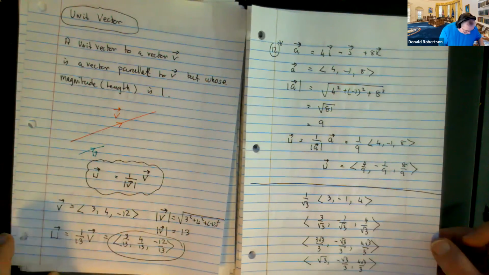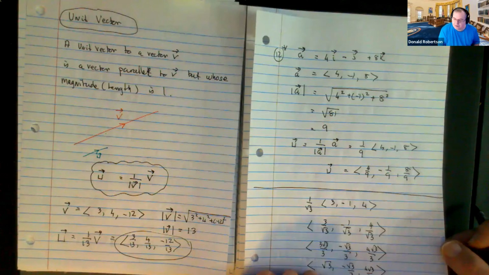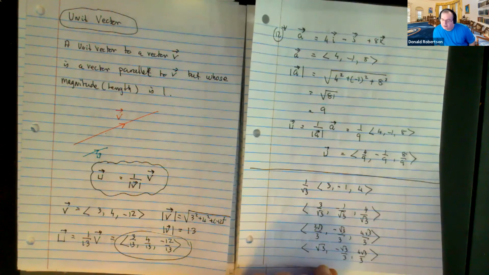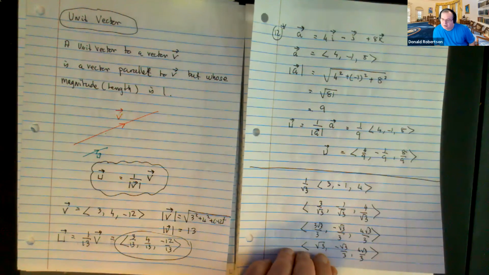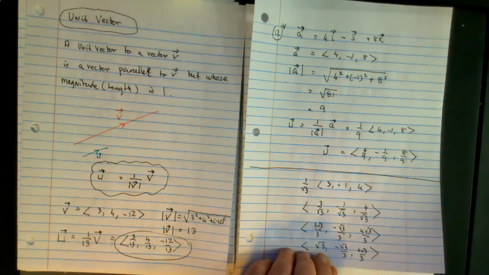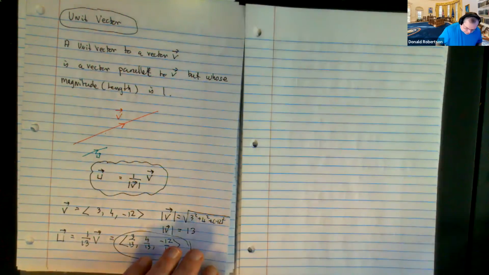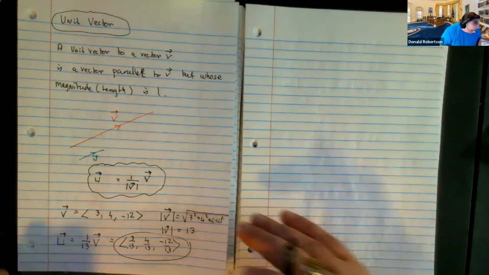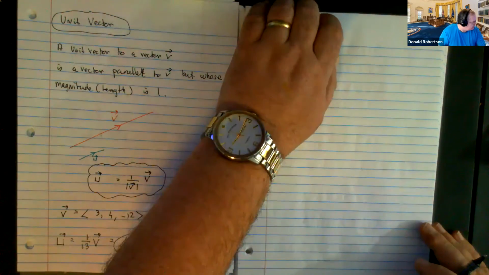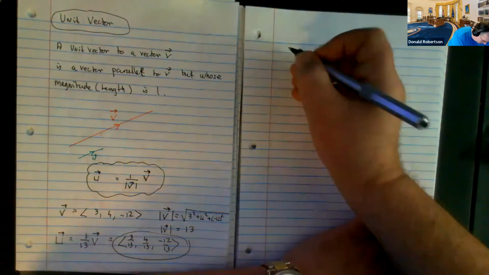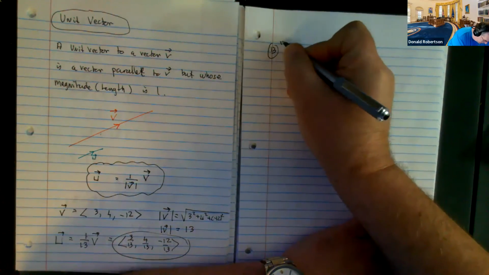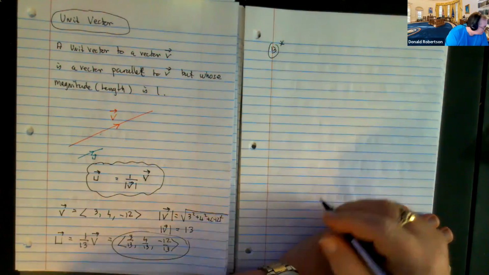Do you want to see another unit vector, or are you comfortable with unit vectors now? Are we good? Okay. Then let's show you a question that involves unit vectors, but is not a unit vector. An example of this is going to be question 13.